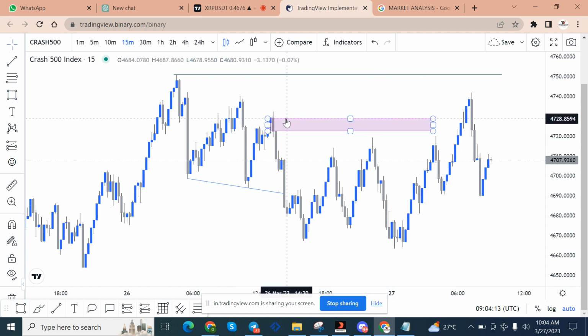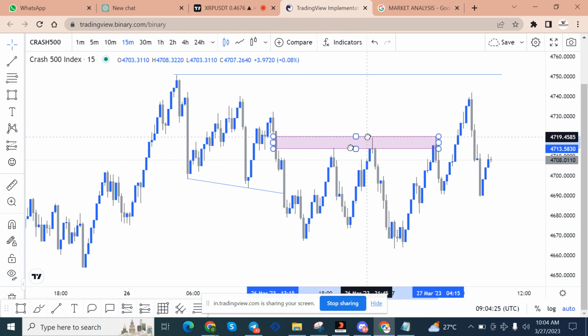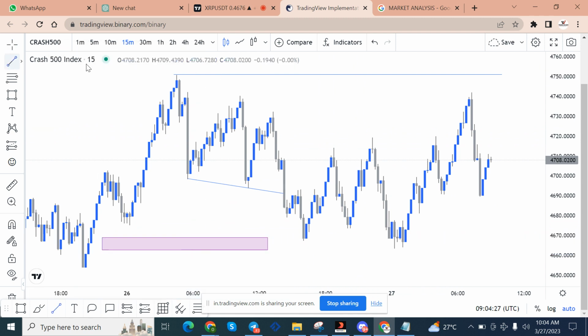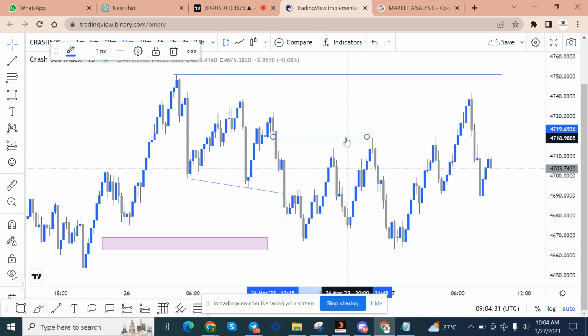But now, do you know why this other block is not valid? I really do not want to put so much information out there, but let's do this. The reason why this other block is not valid is because after an FVG has been mitigated, now take a look at this. This is an FVG. Just follow me closely.